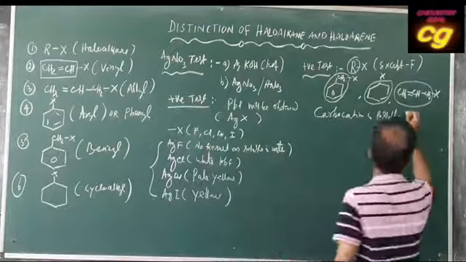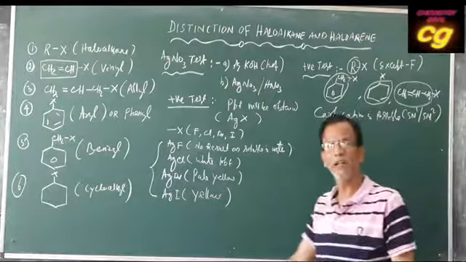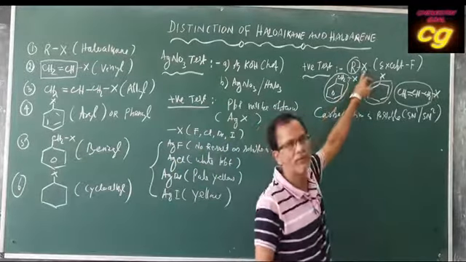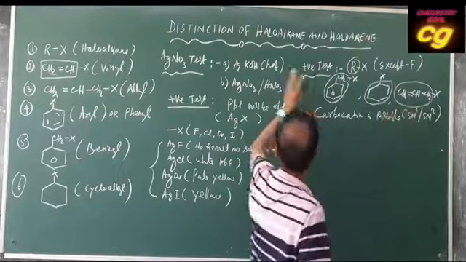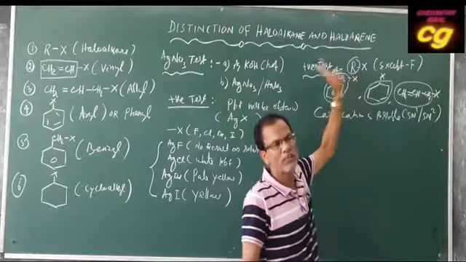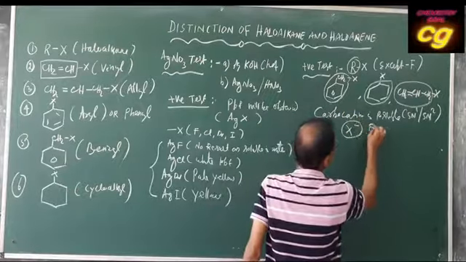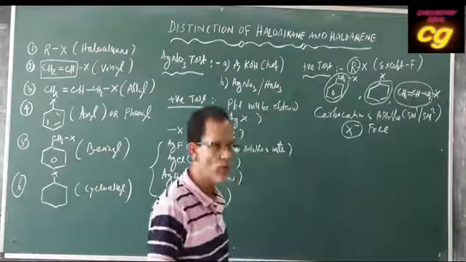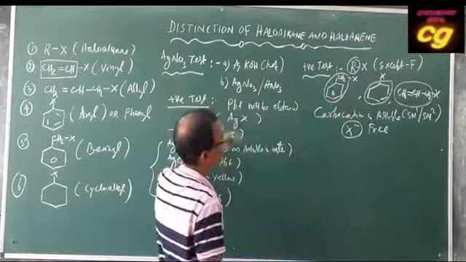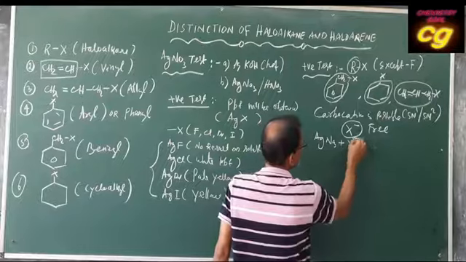Both will go by SN1 or SN2 mechanism, which means the halide will be separated. The halogen will be removed by nucleophiles. As the solution is aqueous KOH, OH minus replaces X minus, so X minus will be free in the solution in all the cases. As X minus is free, it reacts with silver nitrate: AgNO3 and X minus, the result will be AgX.